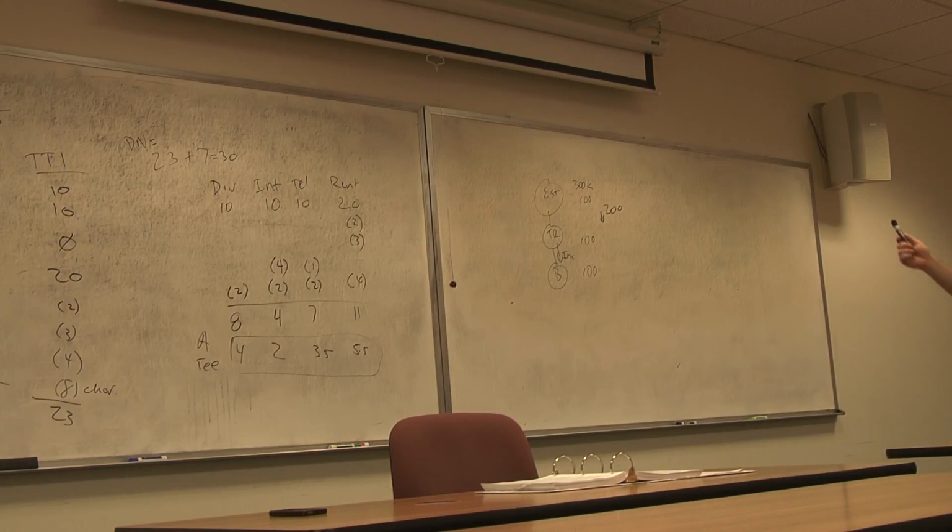Okay, so if we distribute income from the estate, where's it going to go? To the beneficiary. No. It's gonna go to the trust, and then it's all going to go to the beneficiary. Why? Because all income is required to be distributed. So if we distribute 200 of income from the estate to the trust, it's going to ultimately go to the beneficiary, and so nothing's going to be trapped at the trust level. So that's not going to work.